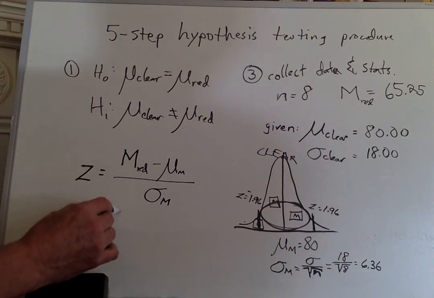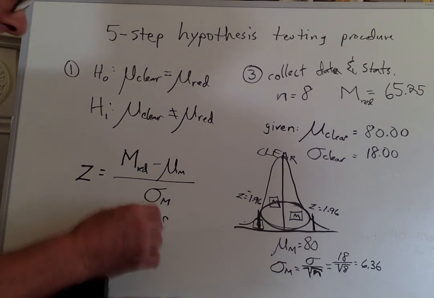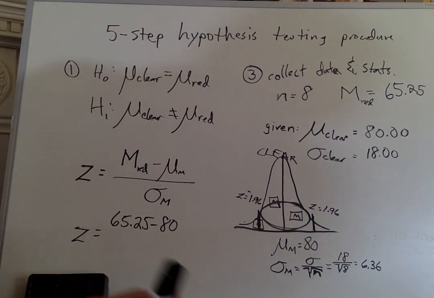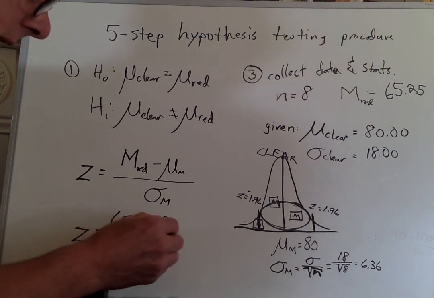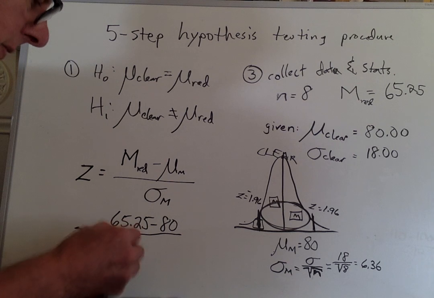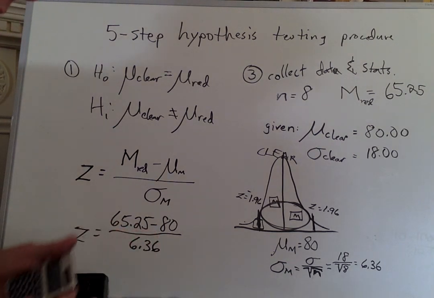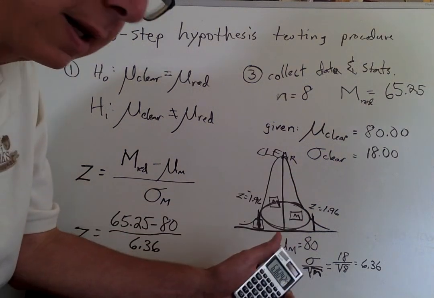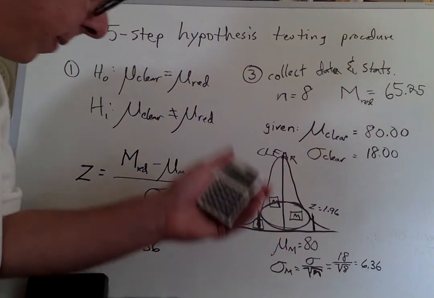Everybody with me? So 65.25. Let's compare that to 80. Remember, subtraction is just our comparison. I'm going to compare this to 80, but I'm going to do that in terms of the standard deviation, because I don't expect every individual to be at 80. I don't expect every sample to be at 80.